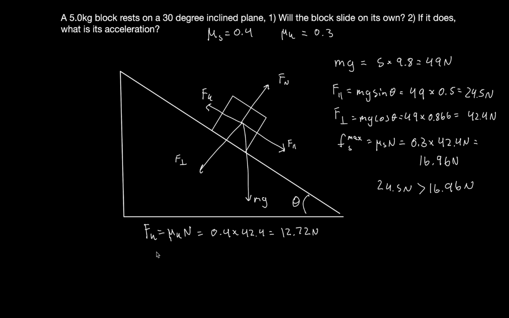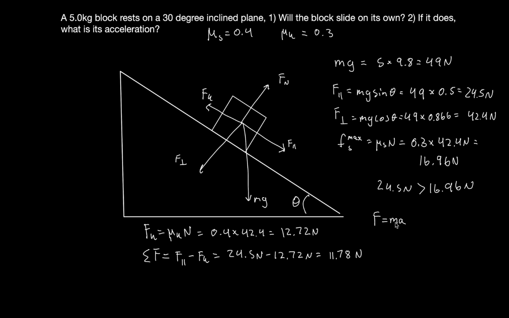So now our force net is going to equal our parallel force minus our kinetic, and this is going to be 24.5 newtons minus 12.72 newtons, and by doing that, we're going to get 11.78 newtons. So 11.78 newtons is our net force, and we know that force equals mass times acceleration.